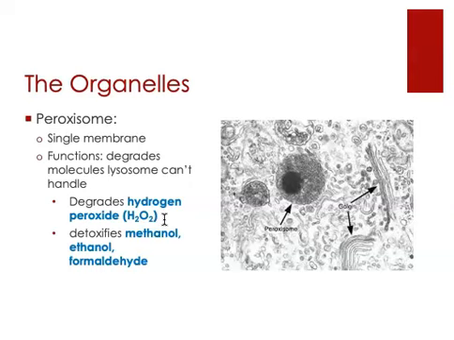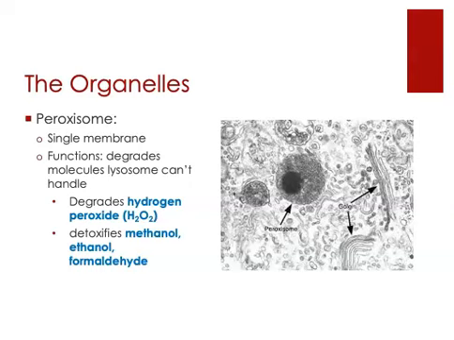The other thing that the peroxisome can degrade are things like alcohols, including methanol and ethanol, and even chemicals like formaldehyde. So there are some chemicals, even naturally occurring chemicals, that lysosomes just don't have the enzymes necessary to break apart.